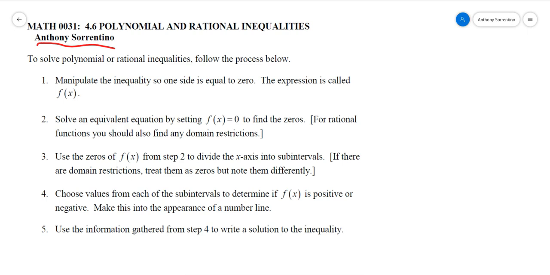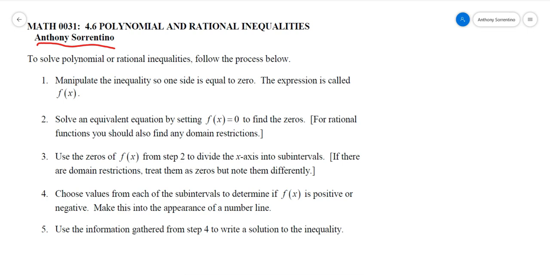In those special cases, if you end up with an equation that has no solution when you solve the equation set up from the inequality, that means you could either have no solutions for the inequality, or everything could be a solution.